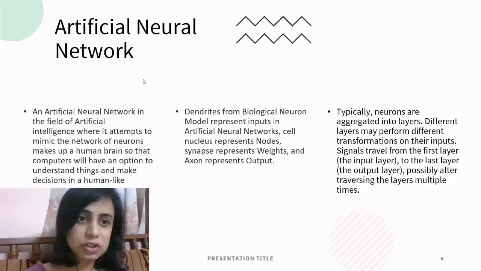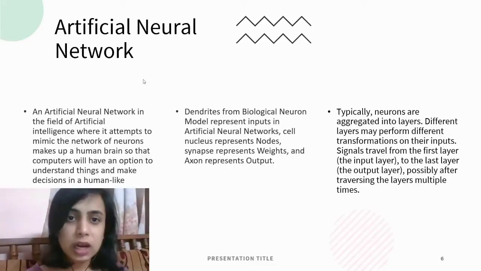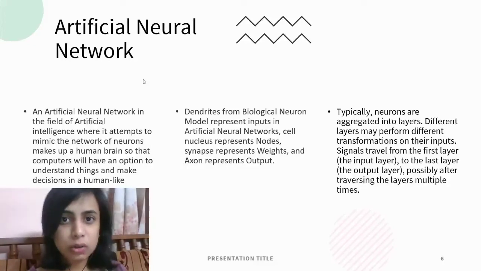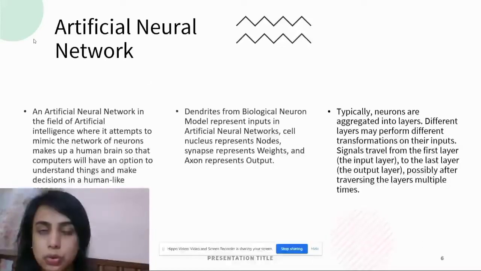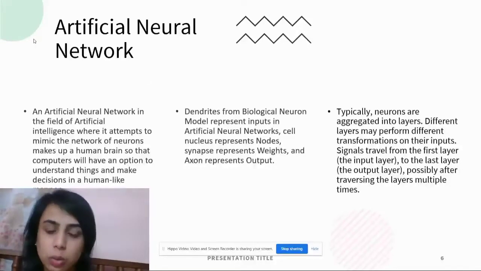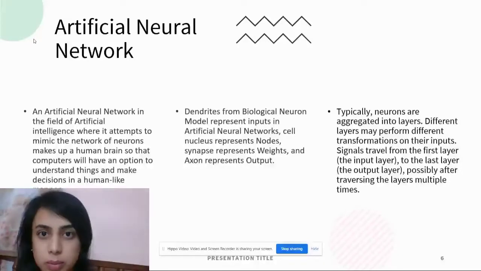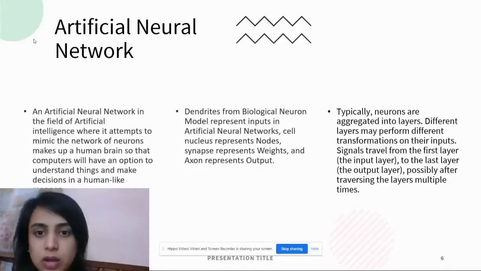So, what is artificial neural network, now that we have come to a basic understanding of the neuron model and biological neuron model? In artificial neural network, the computer mimics and tries to behave and learn like a human brain through these neurons.